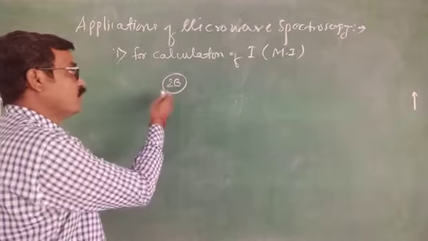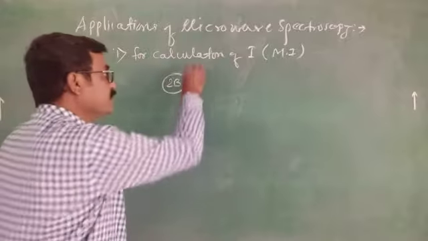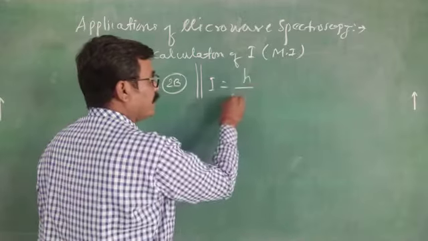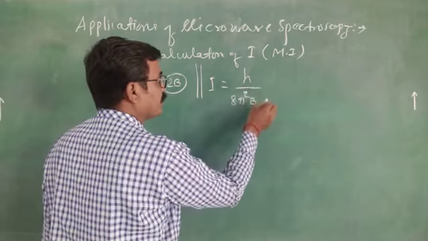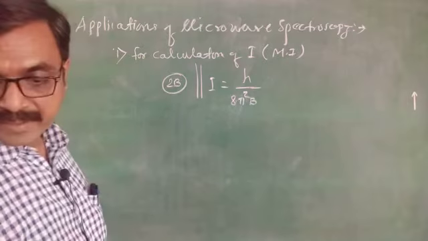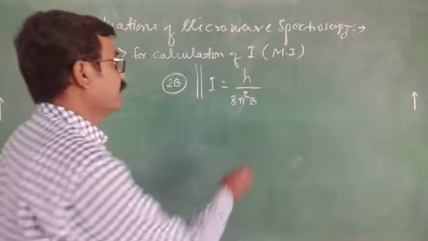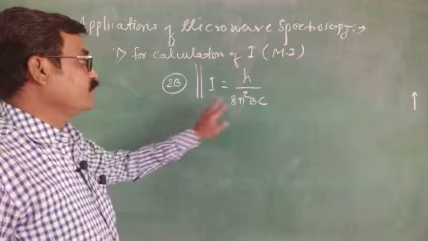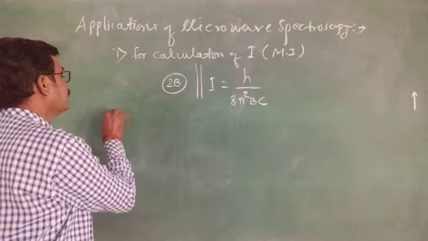If you know this 2B, then you are able to calculate the value of I, because I equals h upon 8 pi square BC. That's why if you know 2B, then you are able to calculate moment of inertia. It is the first application.